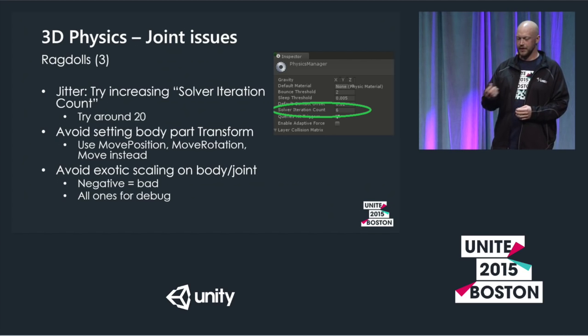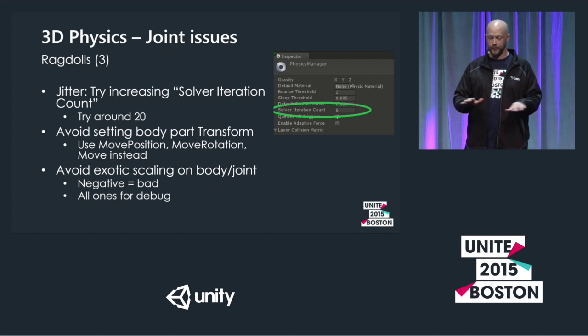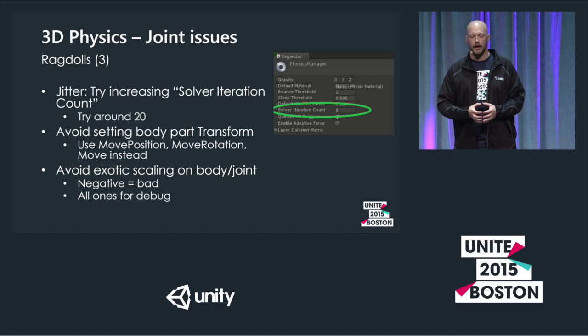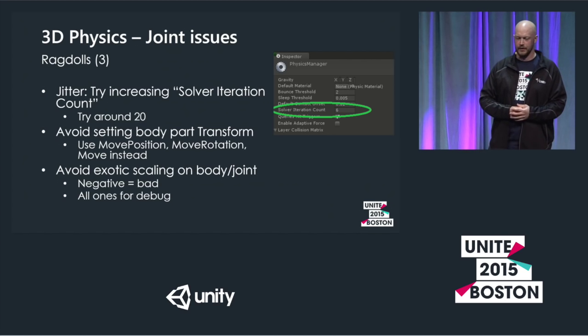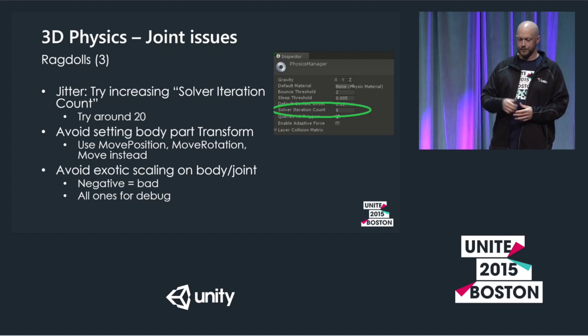And the reason I'm saying this, and that it's not just a part of we just change the default value when we ship a new version of Unity, is that we don't want to change the performance characteristics of your game, and we don't really set this per body. Maybe we can set it per body. I'll go investigate that. But set the solver iteration count up if you are working with ragdolls.